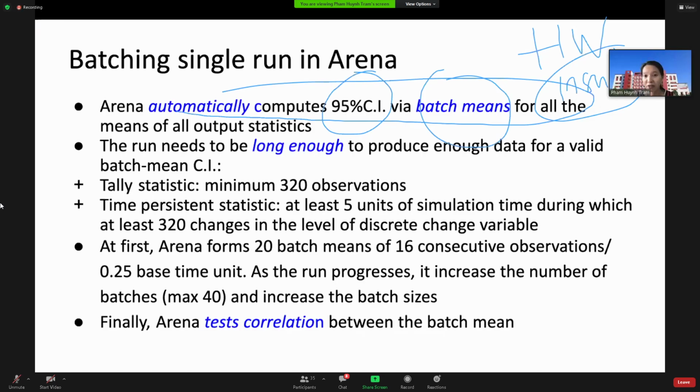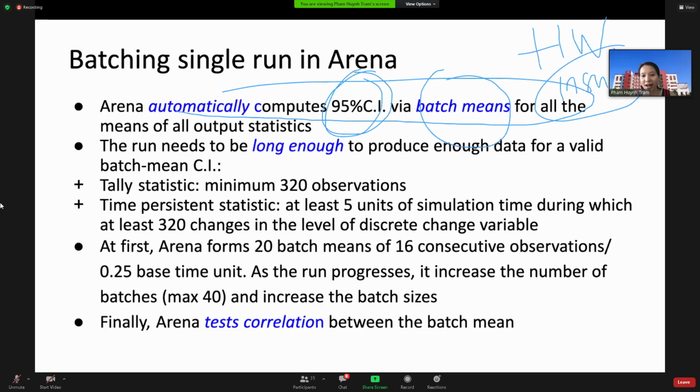It doesn't have enough data to group into batches, so it cannot use the classical equation to calculate the half width of the confidence interval. The report will then show us only the average.